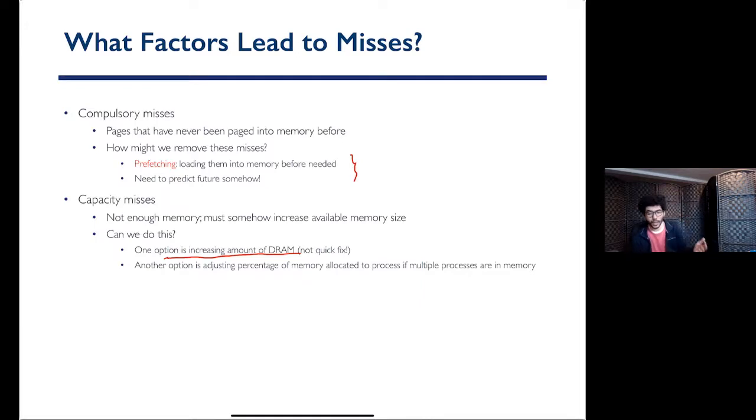So the other option that you have is to make sure that the capacity is allocated to different processes appropriately, right? So for example, if your allocation policy is to divide memory equally between all your processes, let's say you have four processes running, and you have 4 GB of memory, you might decide that I give 1 GB to each process.